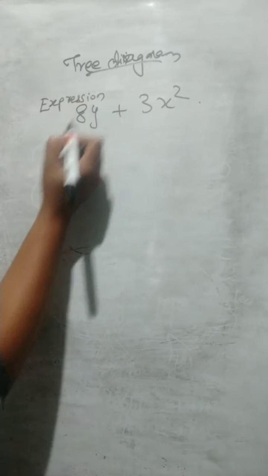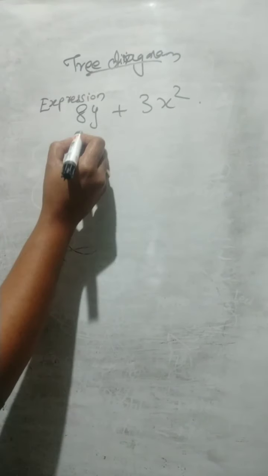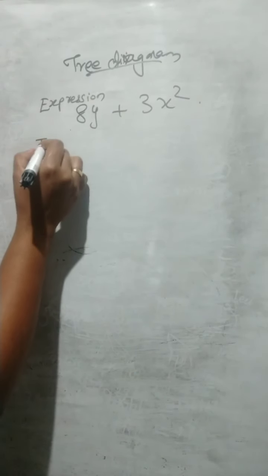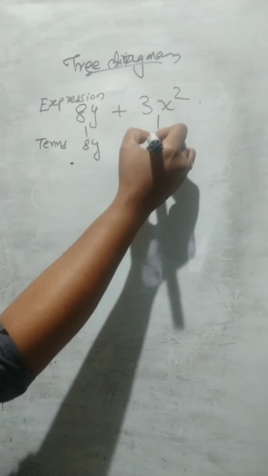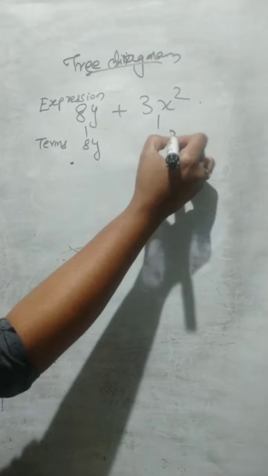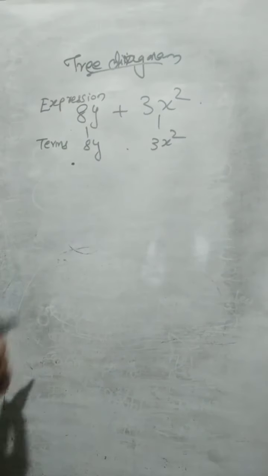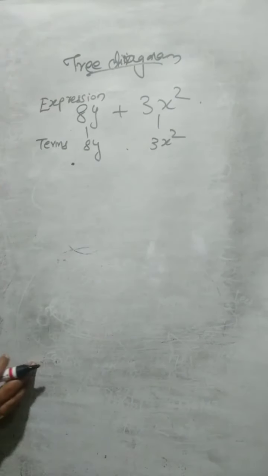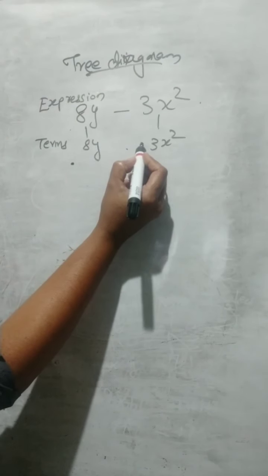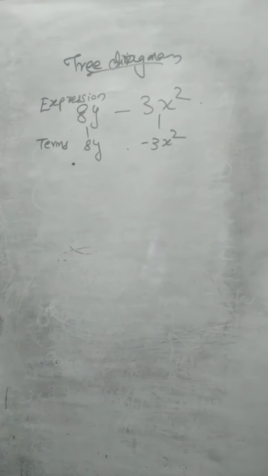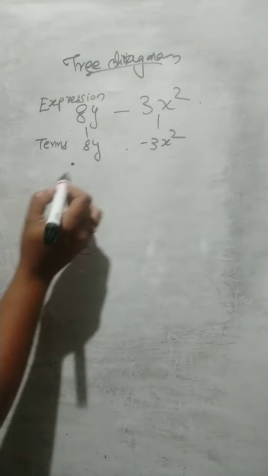How many terms are there? Two terms. One is 8y and another one is 3x square. Here we don't need to give the plus sign while writing the terms. But if it was minus, we have to mention negative 3x square itself.